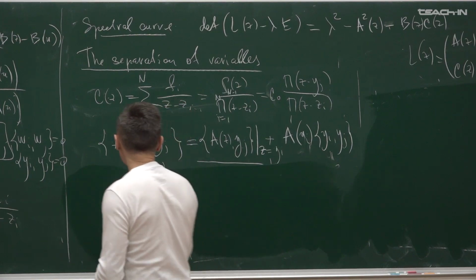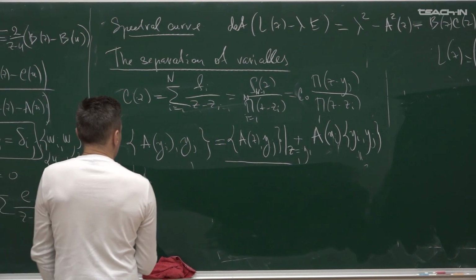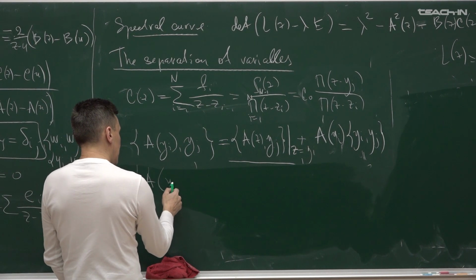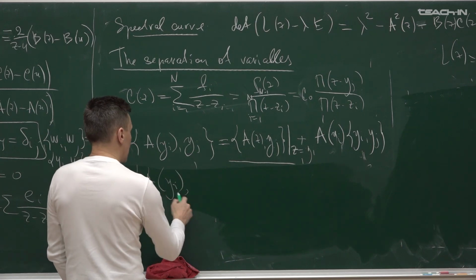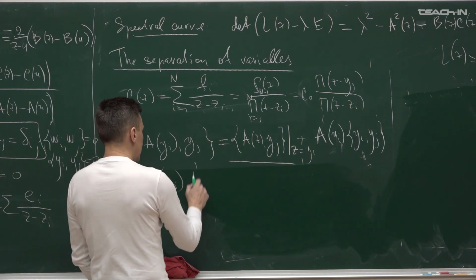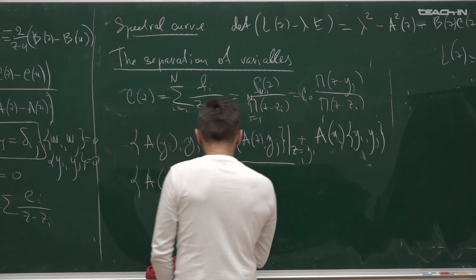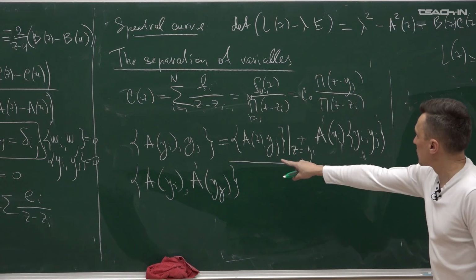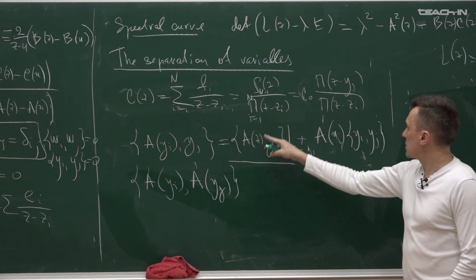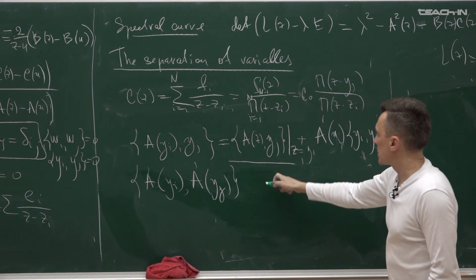Let us now calculate the brackets of a of y_i and a of y_j, and we will do it by the same techniques.